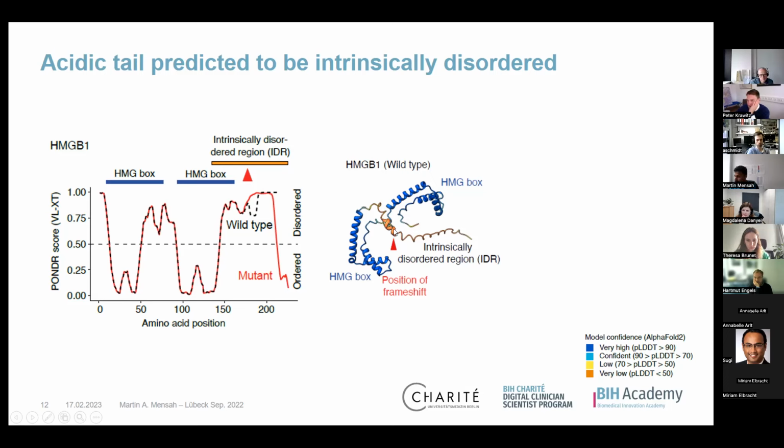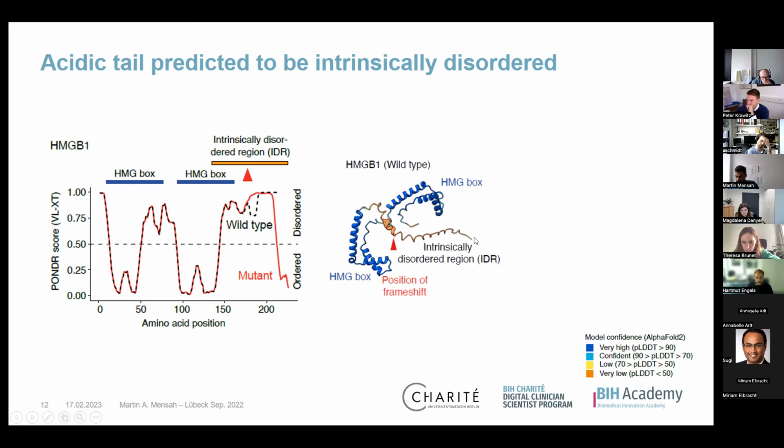And also have a look at the color. AlphaFold's confidence score is depicted in a color scheme. When AlphaFold is sure that a certain spatial structure is assumed, this is depicted in blue. When it's unsure, it's depicted in a more warm color. So the color tells you AlphaFold is not able to predict the structure.